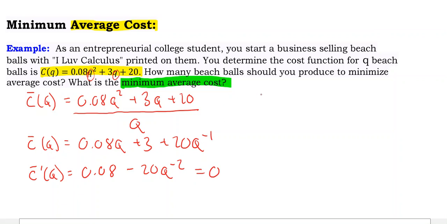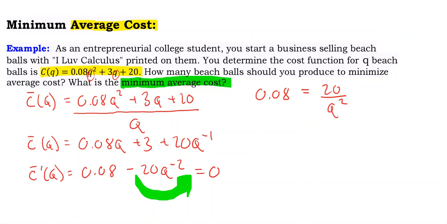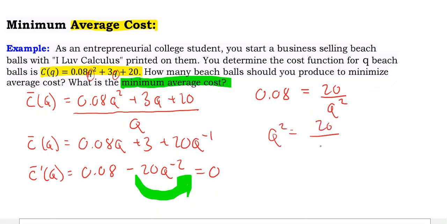So to solve it for Q, we will have 0.08 equals 20 over Q squared. I'm simply taking this and moving it over to the other side, and I'm also putting the Q to the negative 2 down in the denominator. Cross multiplying and solving for Q squared, we have Q squared equals 20 divided by 0.08. 20 divided by 0.08 is 250.